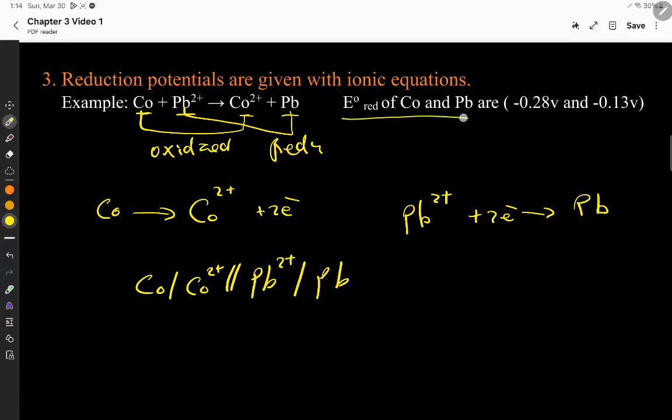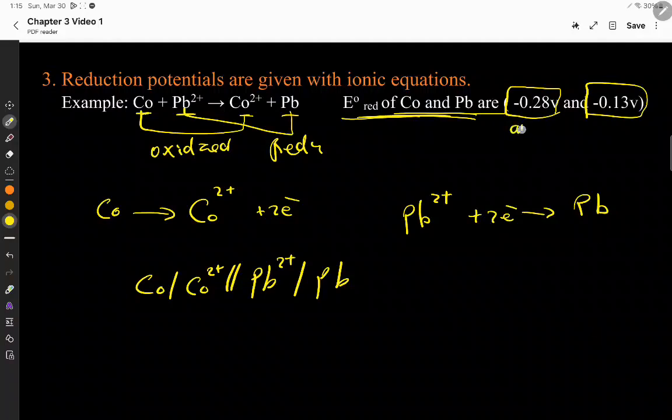And here we have the reduction potentials of cobalt and lead. As we can see here, what is the anode? The anode is this one because it has the lower value, the cobalt, and this has the higher reduction potential. So this is the anode, and this is the cathode.